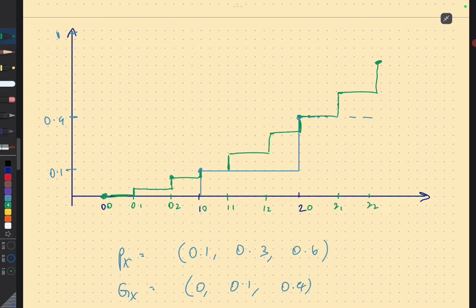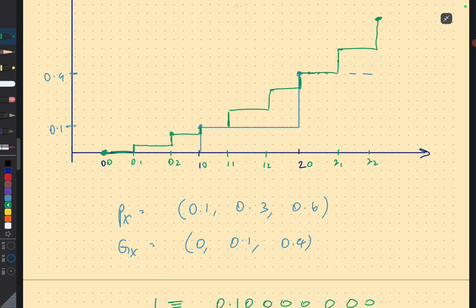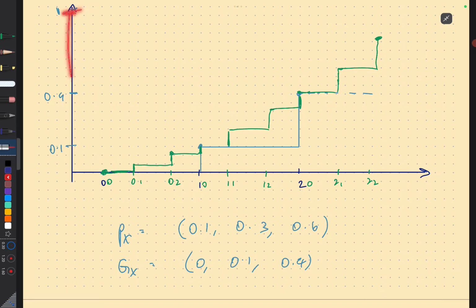If you notice, there's a pattern. Initially, I had these three intervals. The G of x was essentially partitioning the interval from 0 to 1 into three subintervals. When I looked at G of x1, x2, this essentially partitioned each of these intervals into three subintervals.